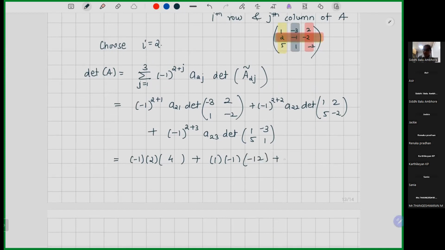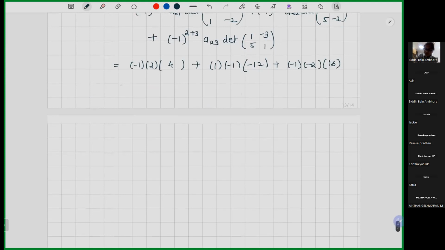Plus minus 1 power 5, which is minus 1, a_23 is minus 2, and the determinant of this matrix is 1 plus 15, which is 16. What I get from here is minus 4 plus 12 plus 32, which is 36.